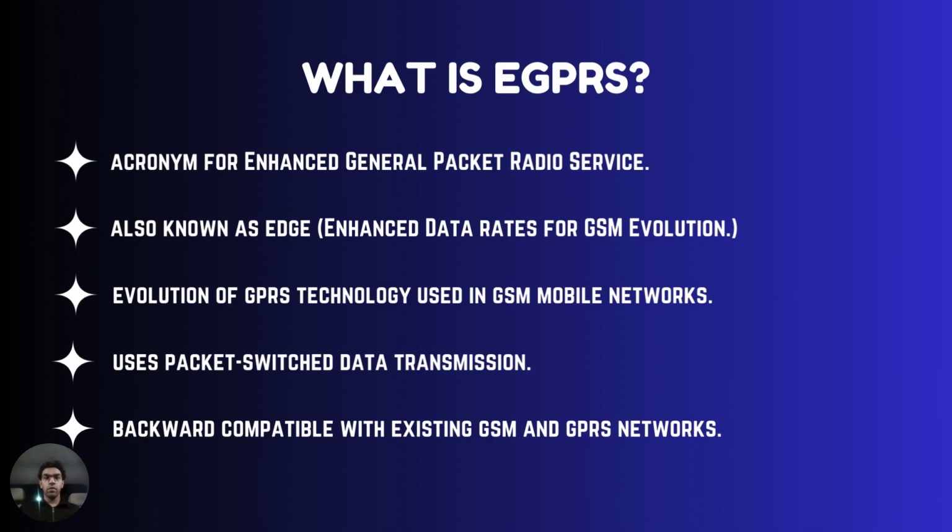So, what is EGPRS? First of all, the EGPRS system is a technology used in GSM mobile networks, and the abbreviation stands for Enhanced General Packet Radio Service, the evolution of GPRS technology.